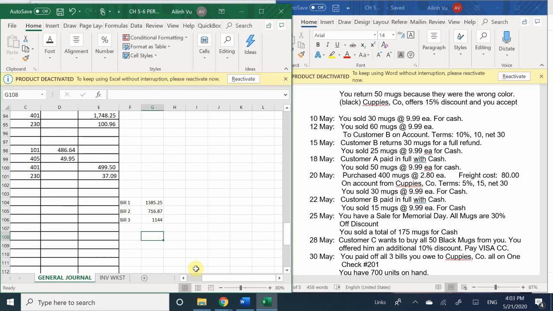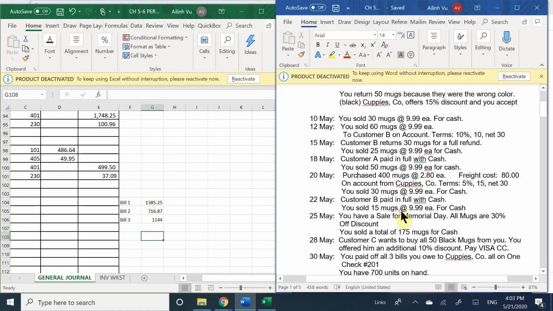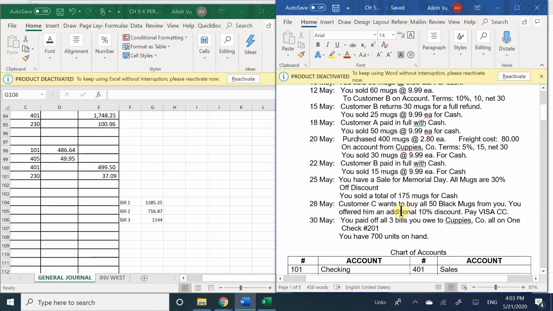Did we return anything to the vendor for bill number 3? No. I don't see anything returned. We didn't make any purchase returns or allowances for bill number 3.